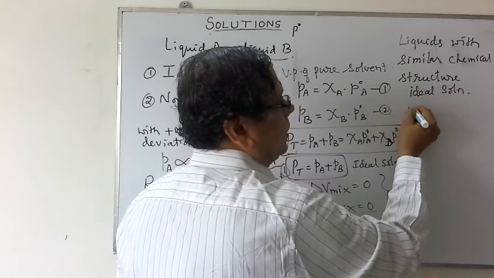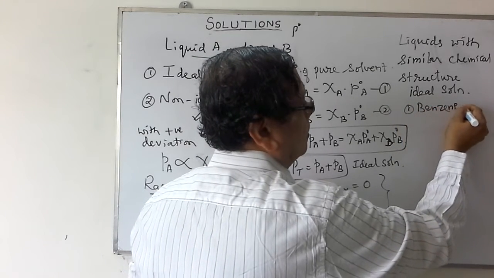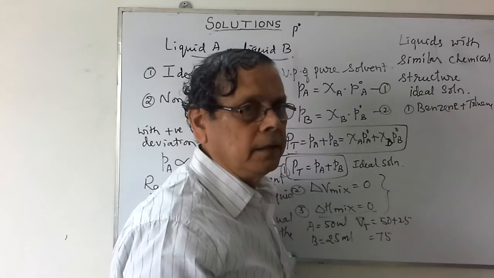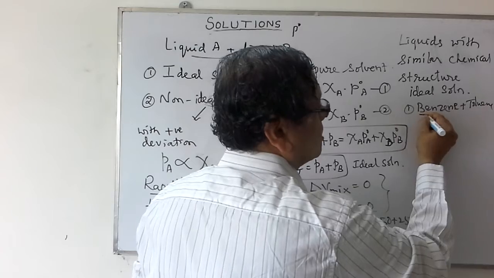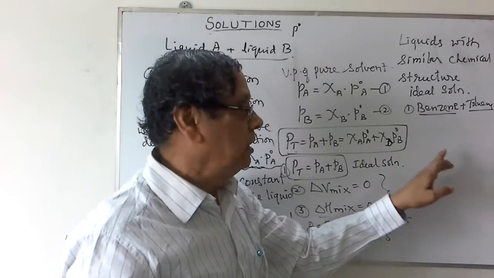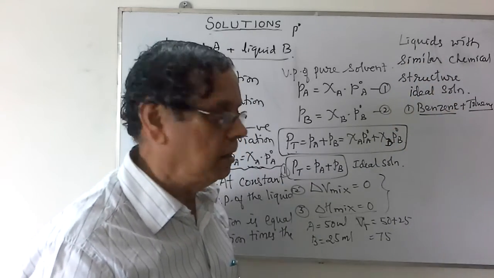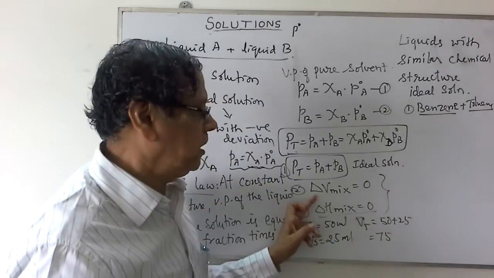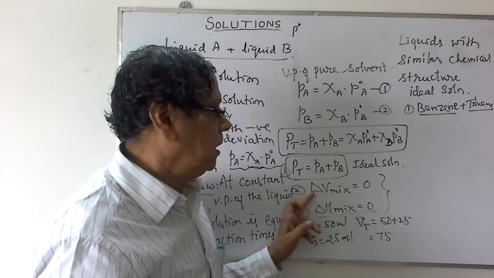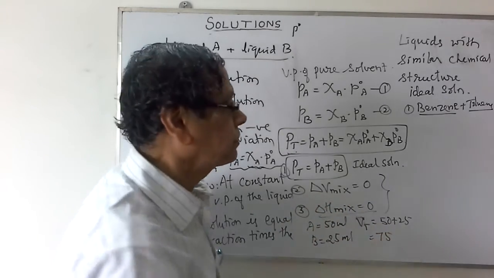For example, if you take benzene plus toluene, since benzene and toluene both are non-polar in nature, they will form a solution with an ideal nature. In that case, we observe that P total is equal to PA plus PB, delta V of mixing is equal to 0, delta H of mixing is equal to 0.